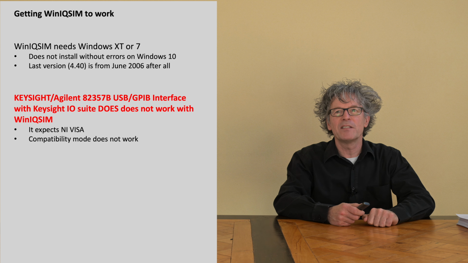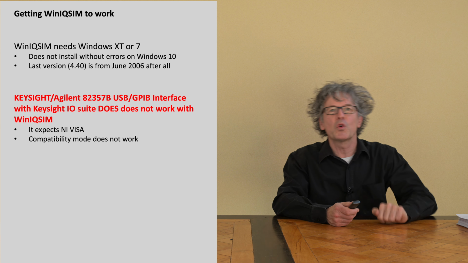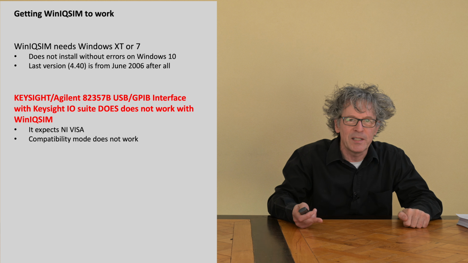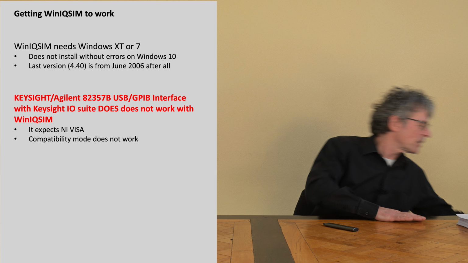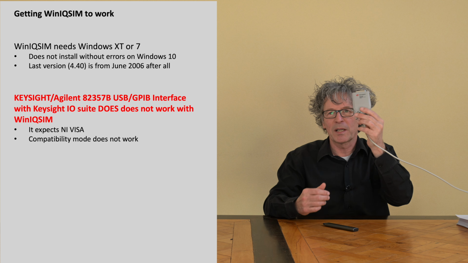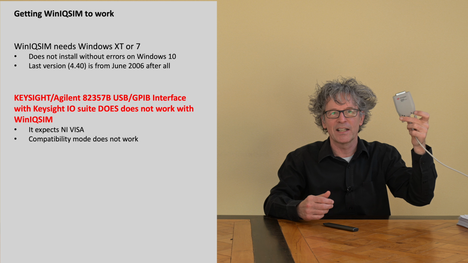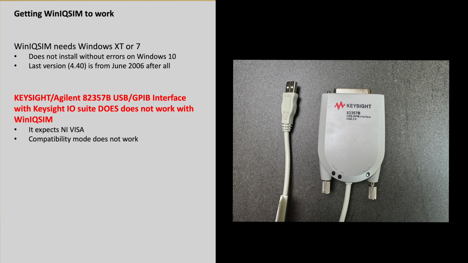Now the next challenge is to build this computer with another operating system and get it to talk to the device. We've got the professional GPIB interface, and that was my first choice, of course. I've been trying to use the rather popular Agilent USB to GPIB interface by installing the software suite on that.